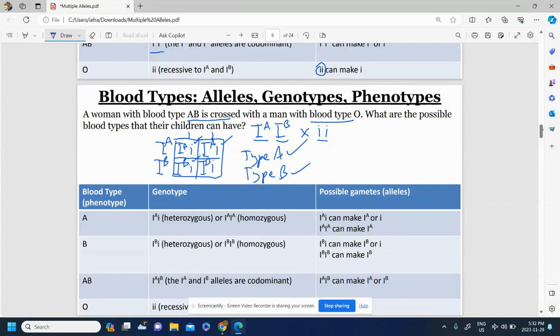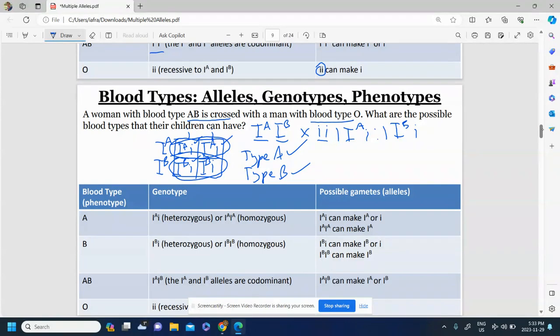So if we're doing, let's just say, genotypic ratios, we have 2 IAi to 2 IBi. So you could simply reduce that to 1 IAi for every 1 IBi.